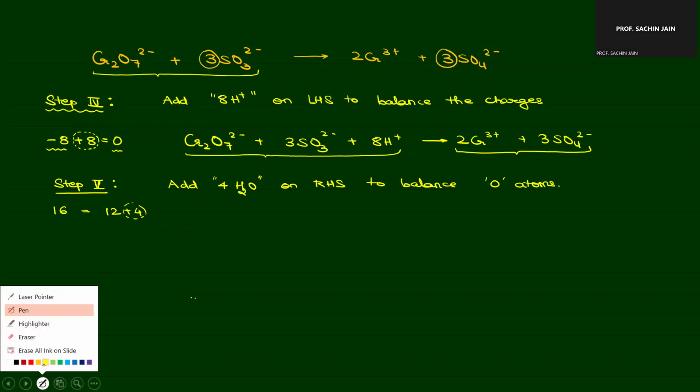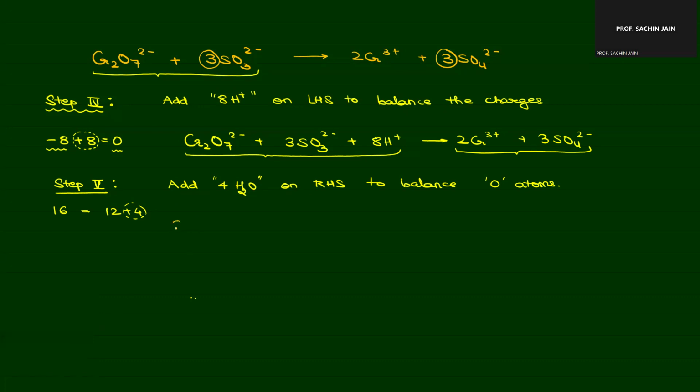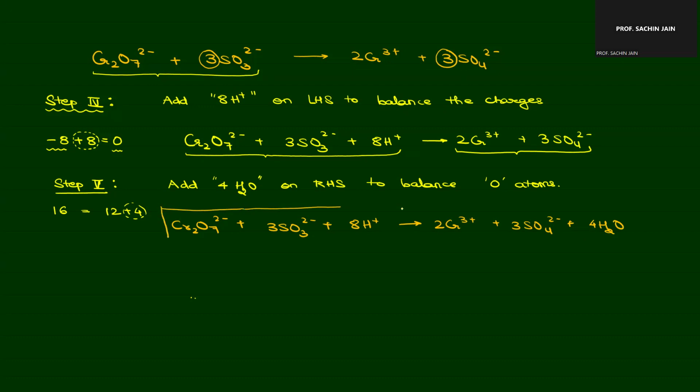So finally, my equation would be Cr2O7 2 negative plus 3SO3 2 negative plus 8H plus giving 2Cr3 plus plus 3SO4 2 negative plus 4 times H2O. So this is your final redox balanced reaction.